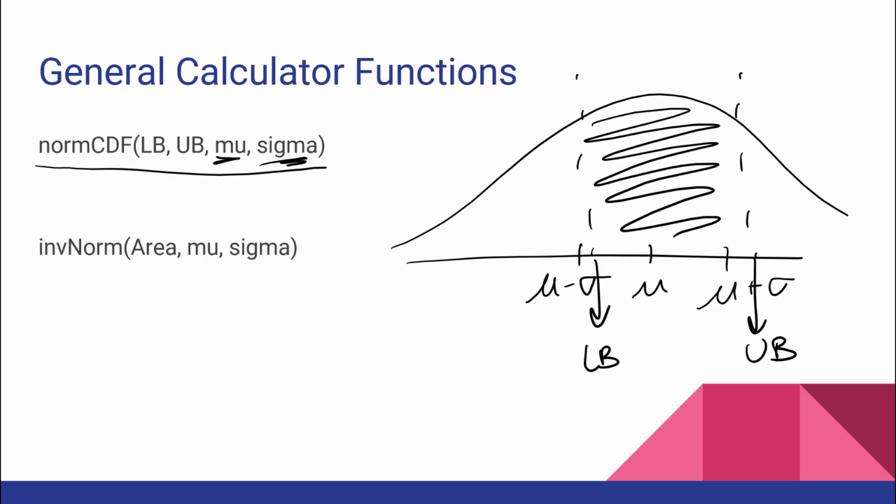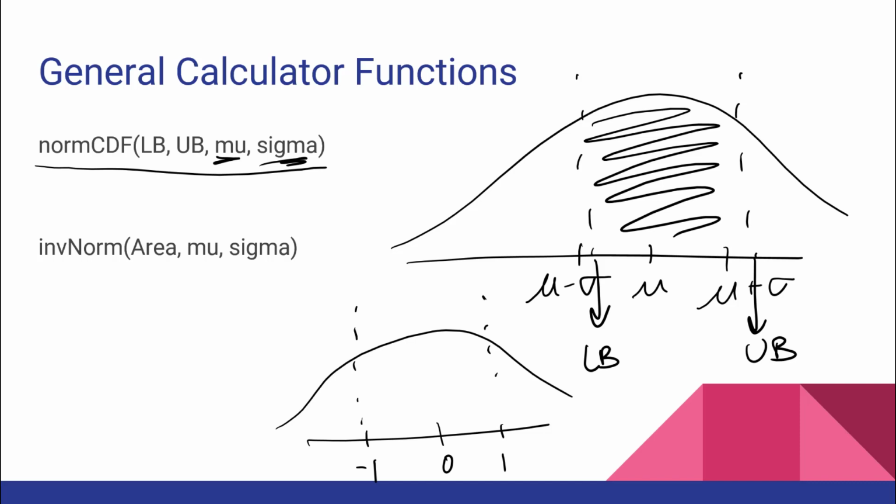So for example, if we had a standard normal model, then we put in a lower bound of -1 and an upper bound of 1. You know that 1 is 1 standard deviation, so the area within here should hypothetically be 68%.